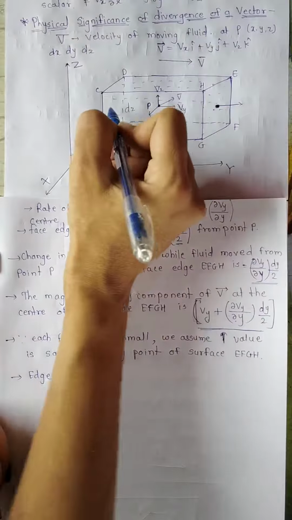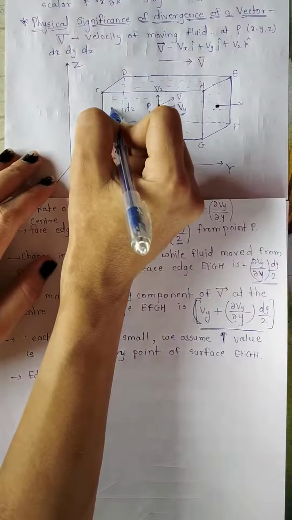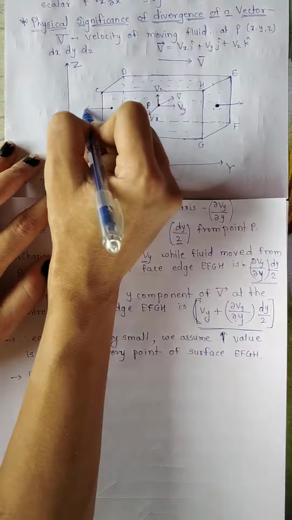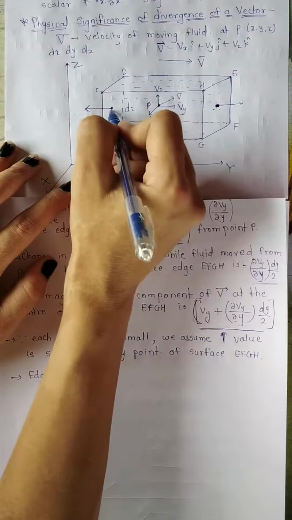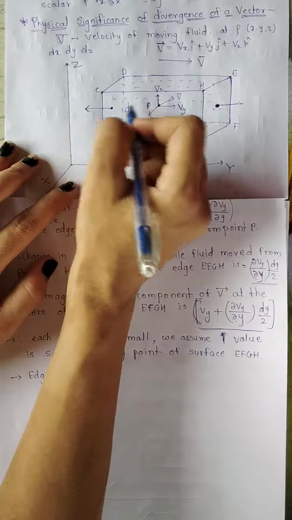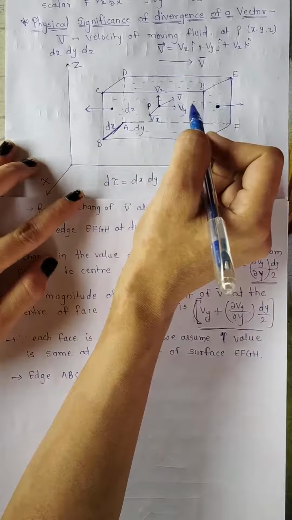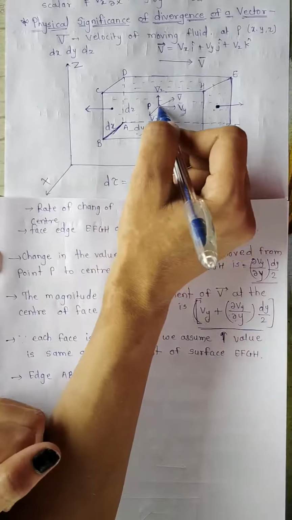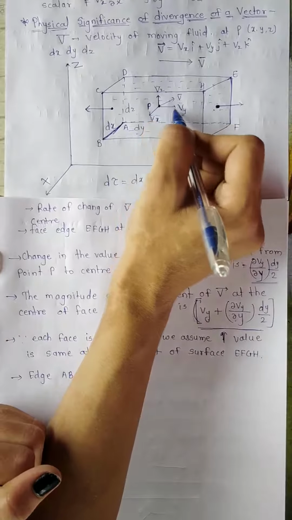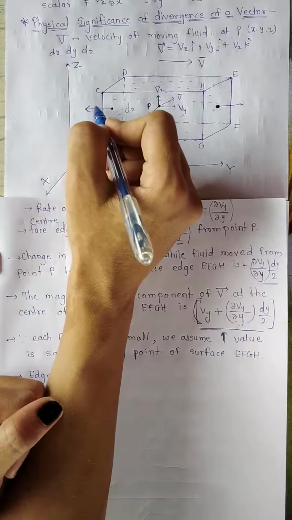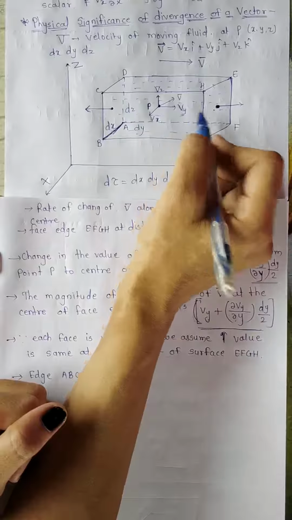So if we consider the center of this edge, the direction of flow and V will be negative, meaning the direction of flow of a fluid and velocity will be opposite to each other, since point P is taken as a center. So this will be negative axis and this is positive axis.